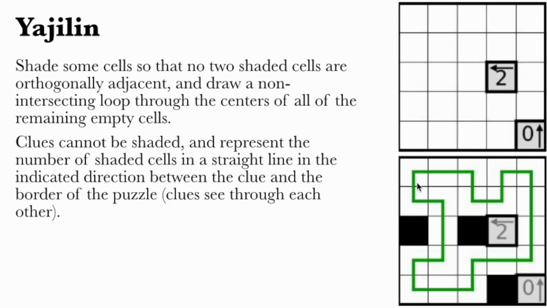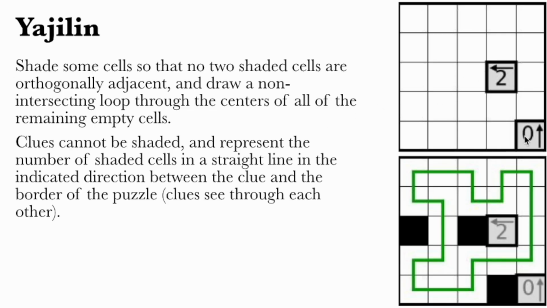So, you can see here that we have a loop much like we saw in a simple loop puzzle that goes through all of the cells except a few of them that we have marked as shaded, so they're basically obstacles that the loop has to go around. Also, no two shaded cells are orthogonally adjacent, meaning they are not adjacent horizontally or vertically. Diagonally is allowed. Clues cannot be shaded.